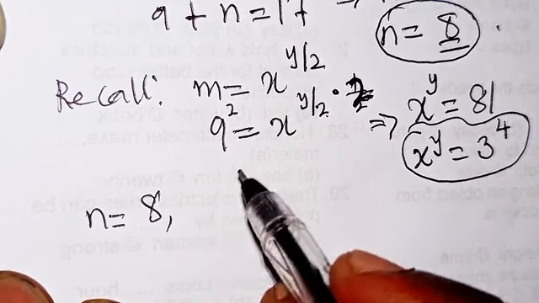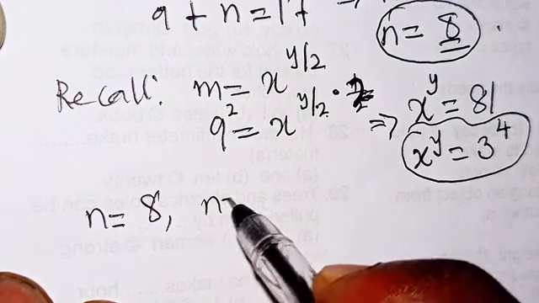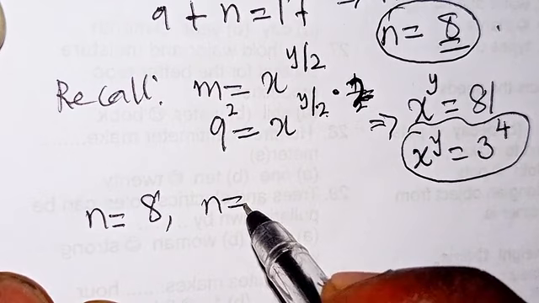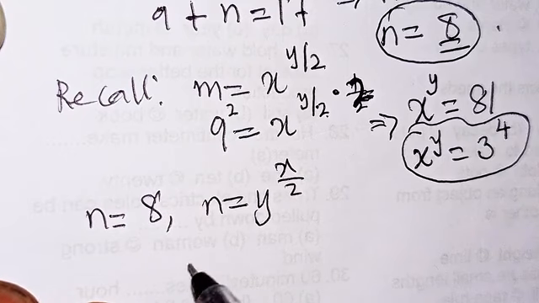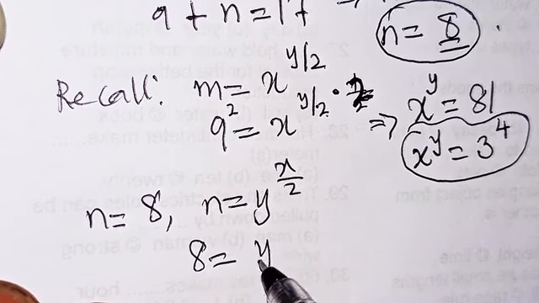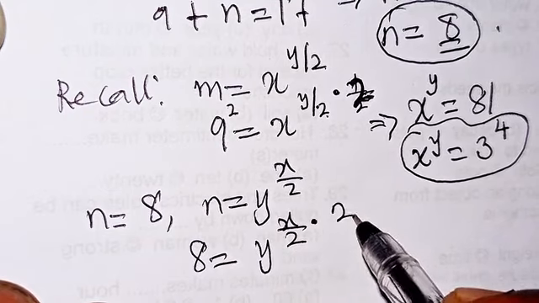Therefore, we stated earlier that n is equals to y to power x over 2. So now from here we have 8 equals y to power x over 2. To get rid of this 2, I'm going to multiply this by 2.